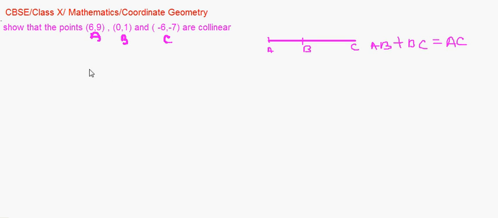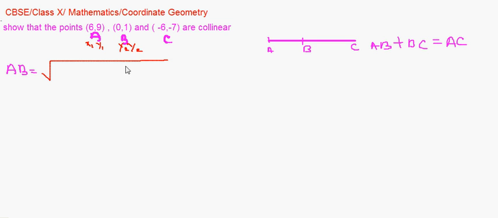So let me first find the distance AB. Let me assume this as my x1, y1, this being x2, y2.